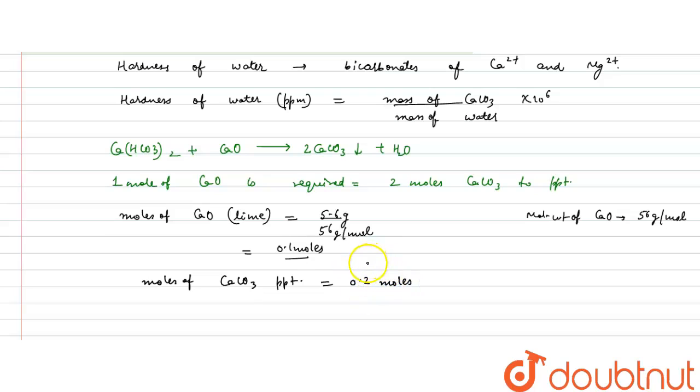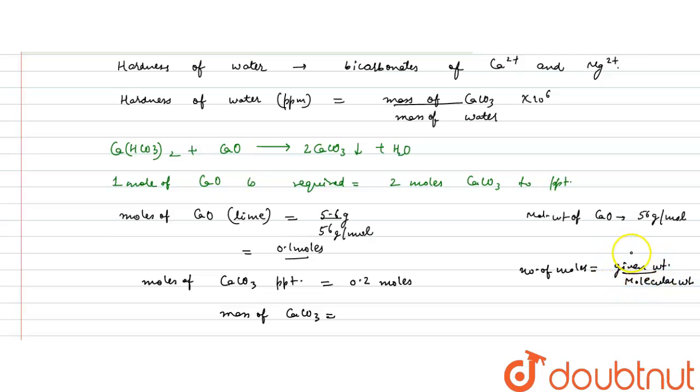Now if we have the moles of calcium carbonate, we can calculate the mass of calcium carbonate. As number of moles is equal to given weight upon molecular weight of the substance.